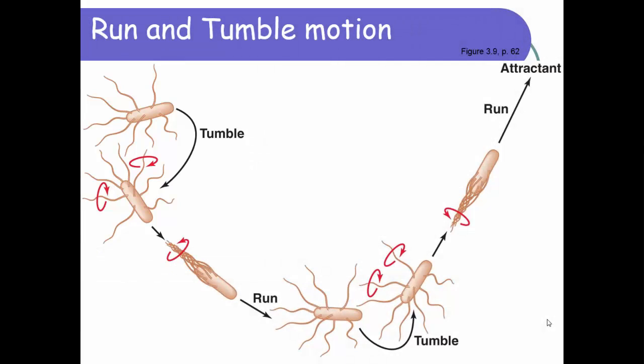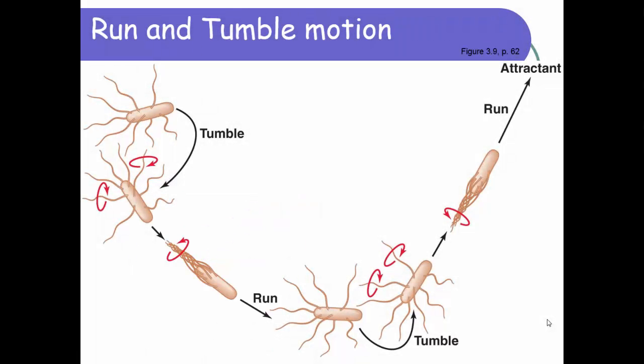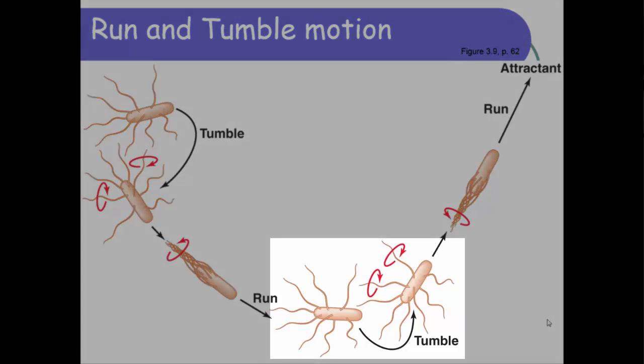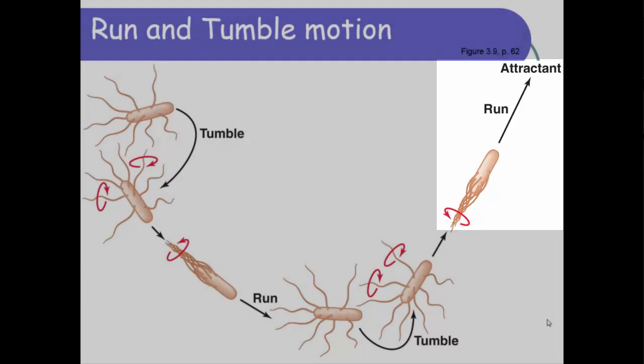But at some point, typically, all of the flagella point towards one pole of the bacteria, and they work in coordination and make a forward run. Then they come out of coordination, the bacteria tumbles around, they make another run, then tumble, then run towards the attractant or away from a repellent.